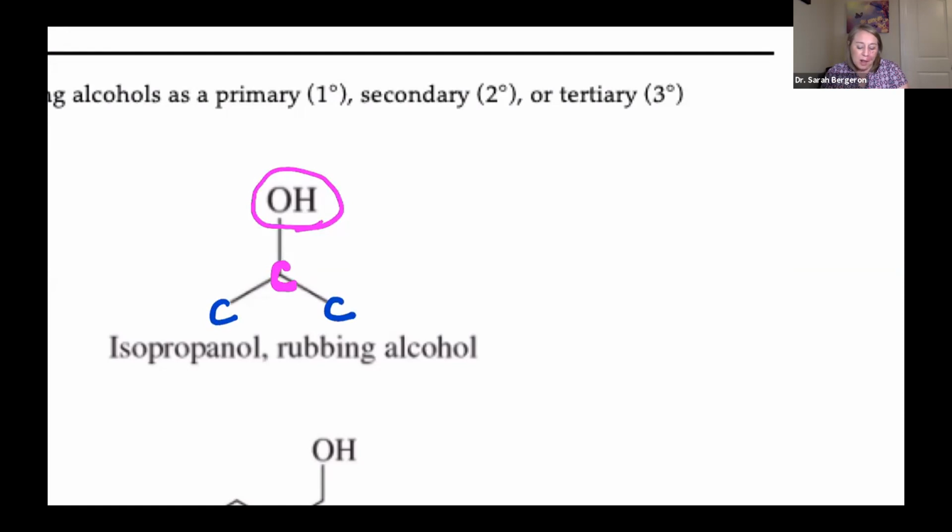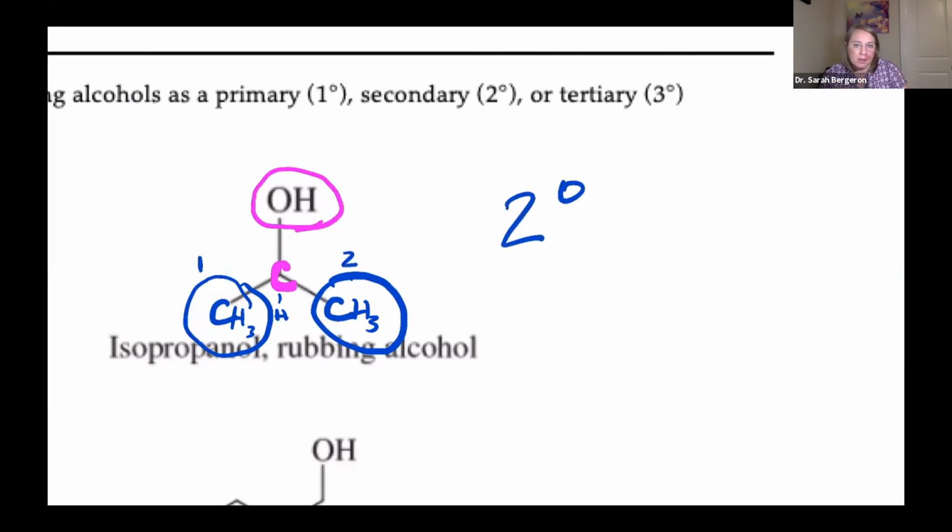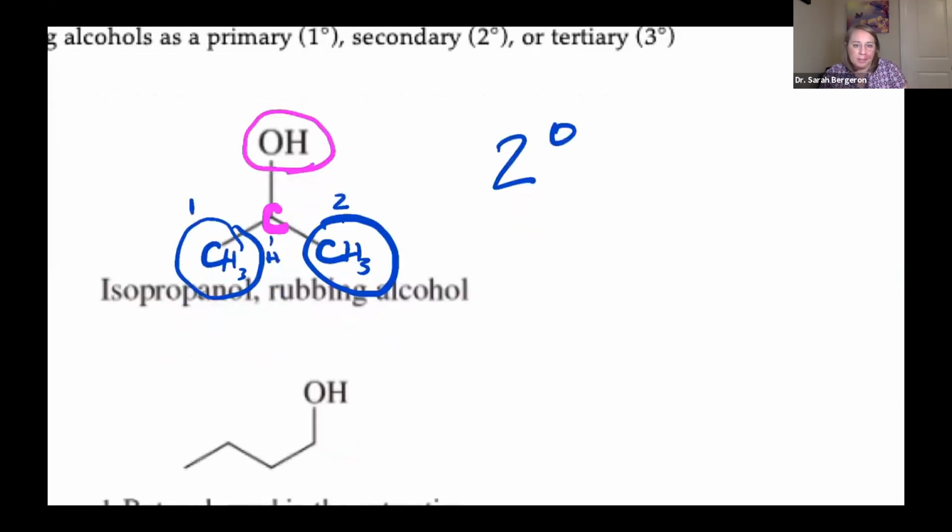But I need 4 bonds, so I really do have a hydrogen attached to it. But I'm not really worried about the hydrogens, I'm really worried about the carbons. And this is really a CH3, and this is really a CH3, right? And so if I look at the carbon that's attached to my alcohol, how many groups do I have attached? 1, 2, that makes it a secondary alcohol, okay?